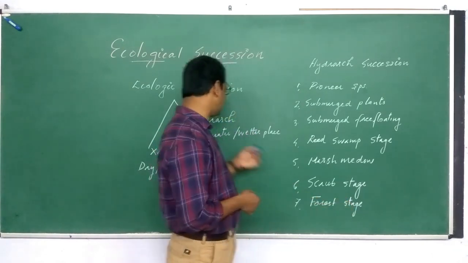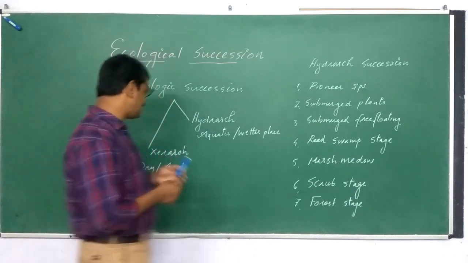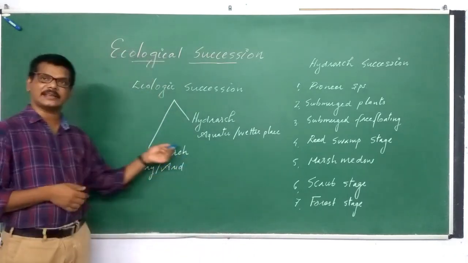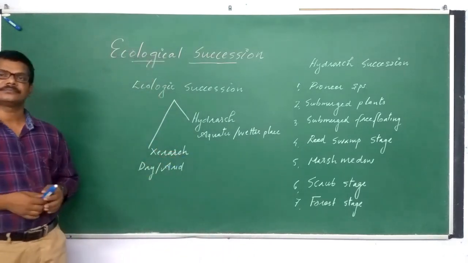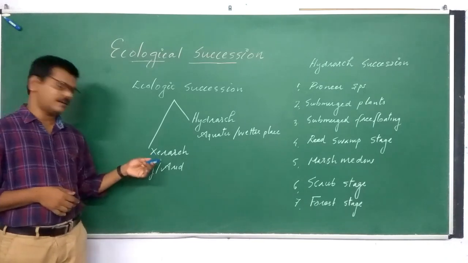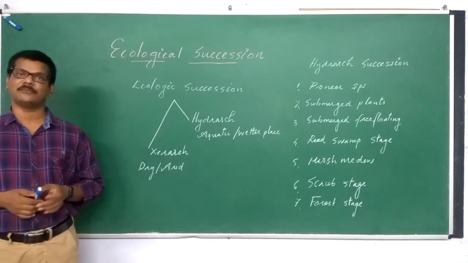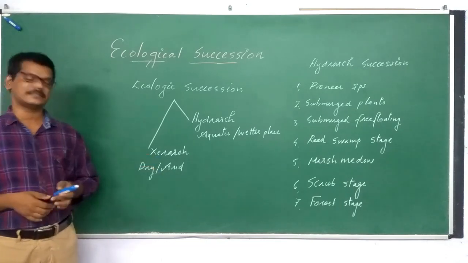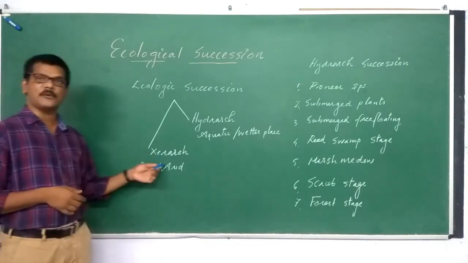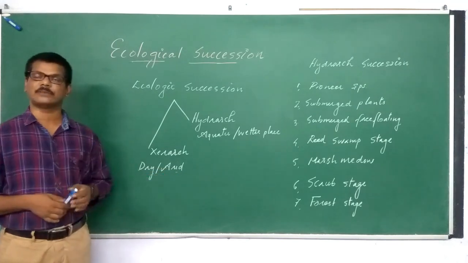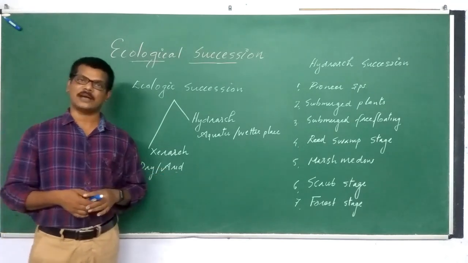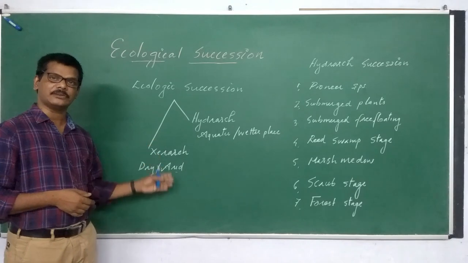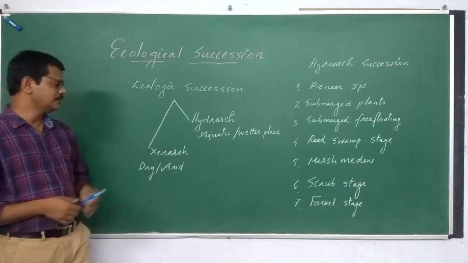That is what is happening in a hydrarch succession. Likewise, if the succession started on a bare rock, where water scarcity is one important feature, gradually the amount of soil increases. Other abiotic conditions also become suitable for the community to establish a series of transitional communities.